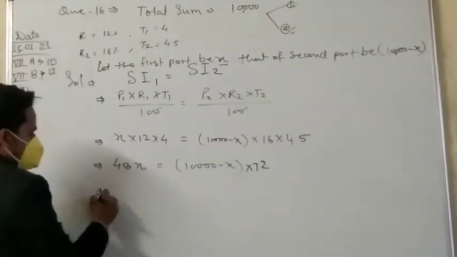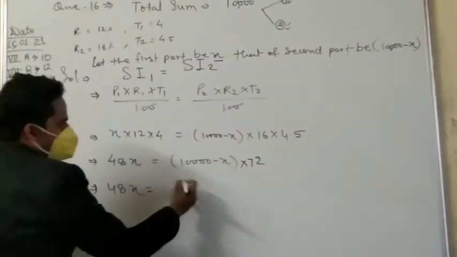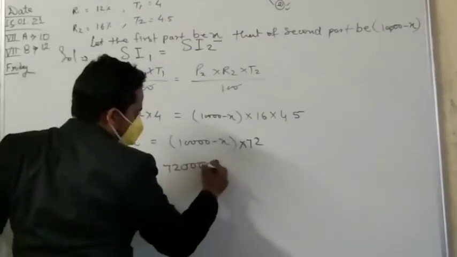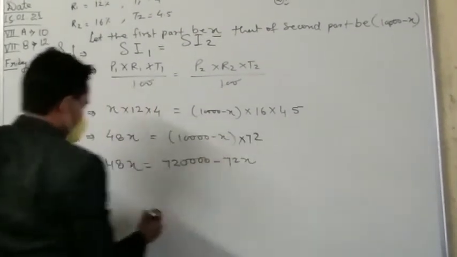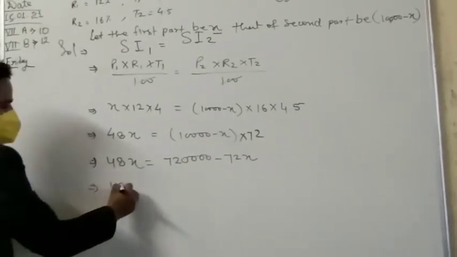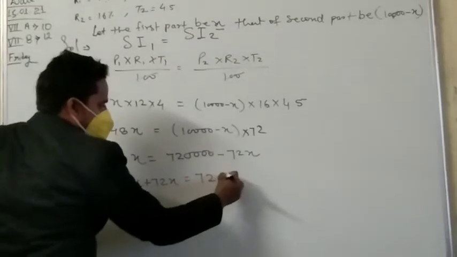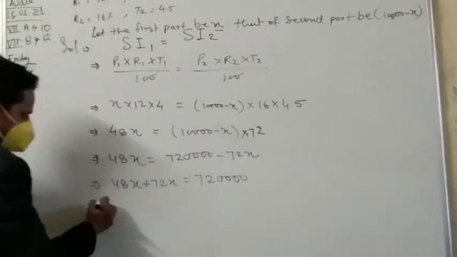We can write it as 48x is equal to 72 times 10,000 minus 72x. Next we can write that 48x plus 72x is equal to 72 times 10,000.